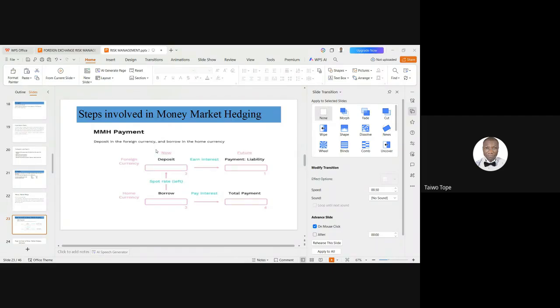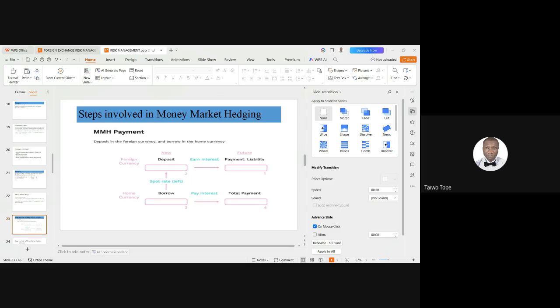Now, the steps involved, if you are the one making payments: it shows that you are being indebted. That is a liability. Now, the payment you want to make is not now, but in future. Once you identify how much you want to pay, let's say you want to pay 300,000 in the next 3 months.